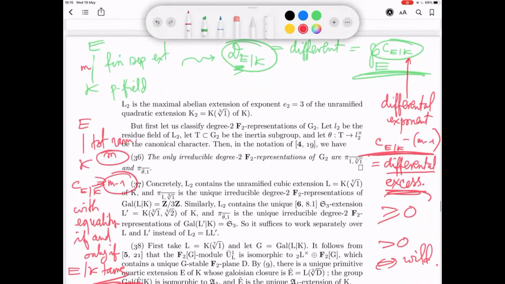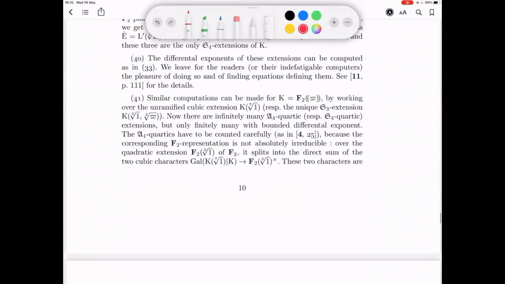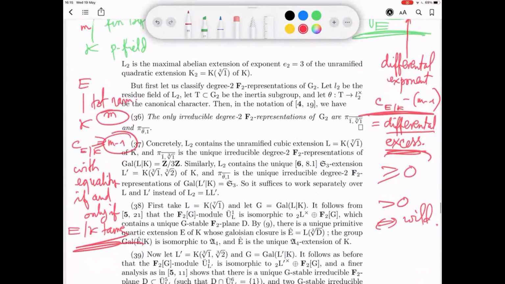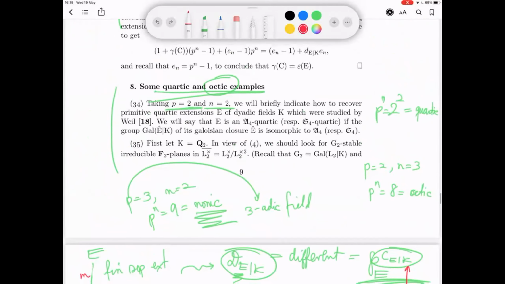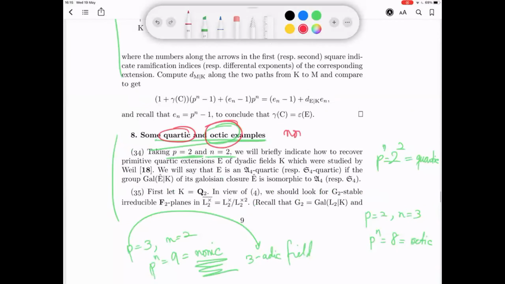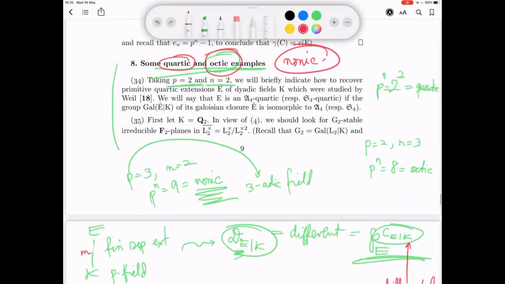Those of you who are interested in doing something interesting by yourselves are invited to consider this. I've given these examples of quartic and octic extensions, so you are invited to look at some nonic examples.